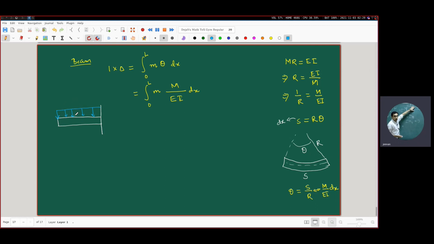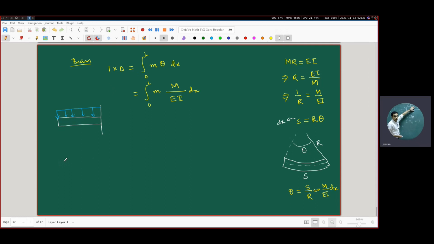Corresponding to that virtual force applied at the desired location, you can determine the bending moment anywhere within the beam. That small m is that moment, the bending moment associated with the virtual force of magnitude 1 that you apply.